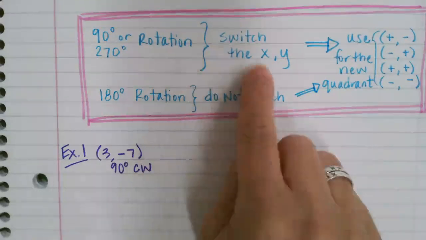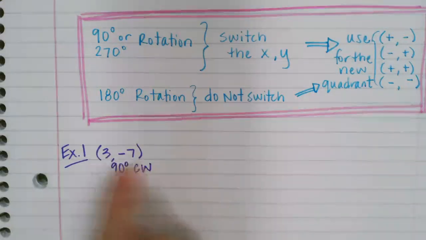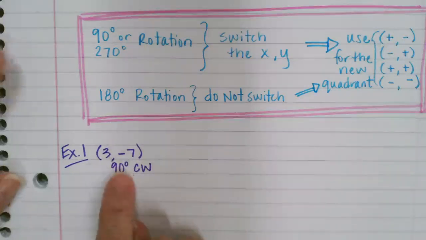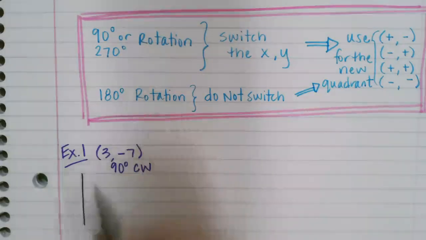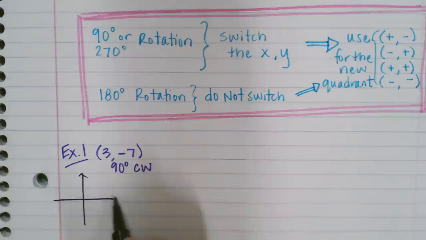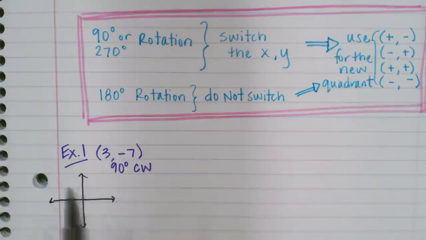So since it's 90 degrees, I know I need to switch these two numbers. Okay, so let's figure out, where are we starting? If we have the point 3, -7, I'm just going to come over here and sketch a little X and Y. So the point 3, -7, where would that be on this graph? 3, -7 is located down here.